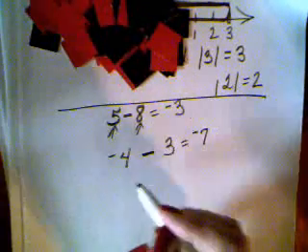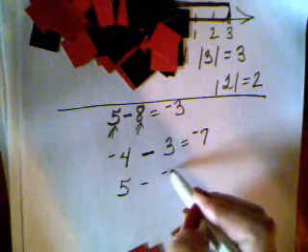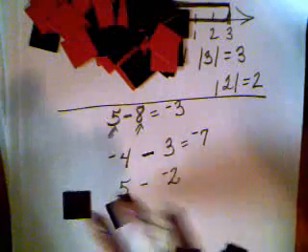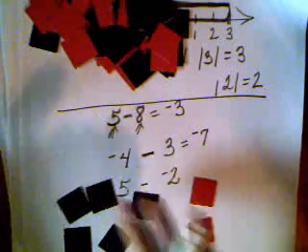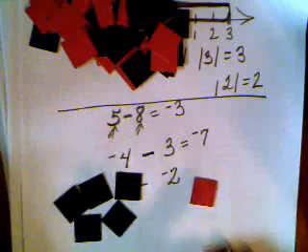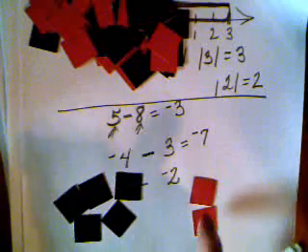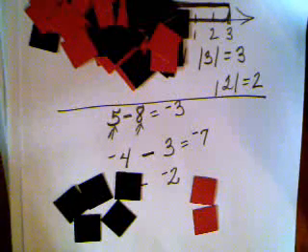Okay, let's look at 5 subtract a -2. So I need 5 black and I need 2 red. Well, I can't take 2 red away.